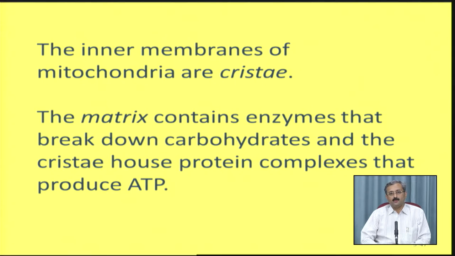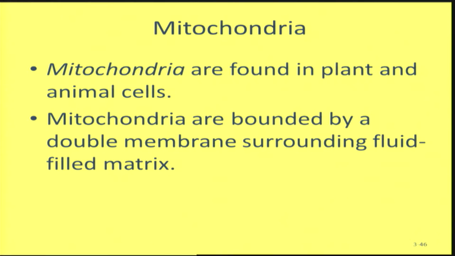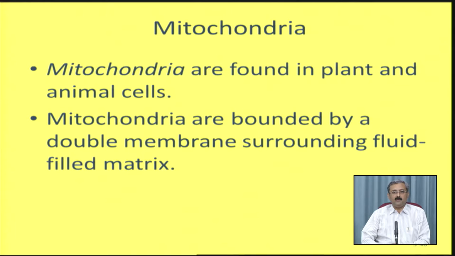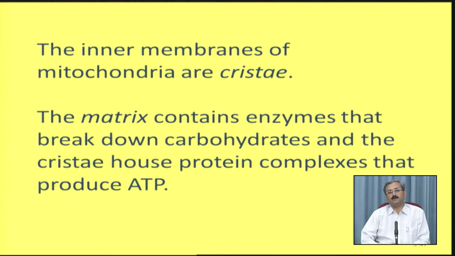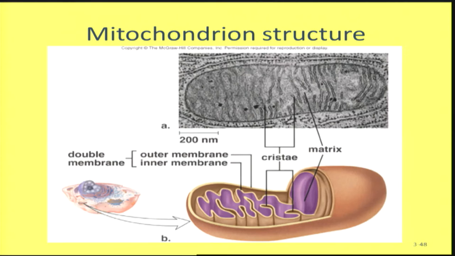So what we said in the earlier slide is that mitochondria are bounded by double membranes surrounding a fluid-filled matrix. The inner membrane has cristae, the matrix contains the enzymes which break down the carbohydrates, and the cristae house the protein complexes that produce ATP molecules.